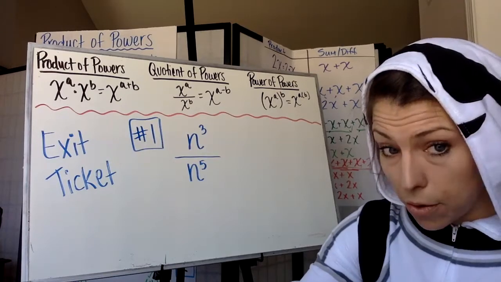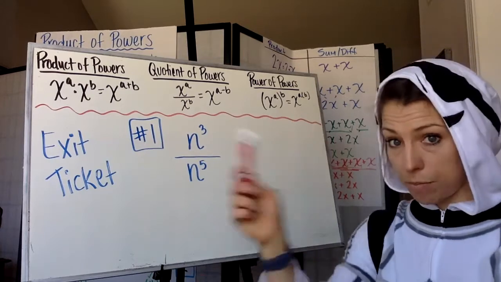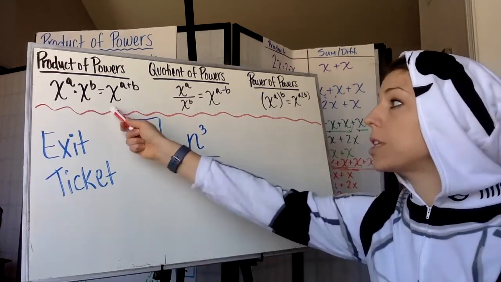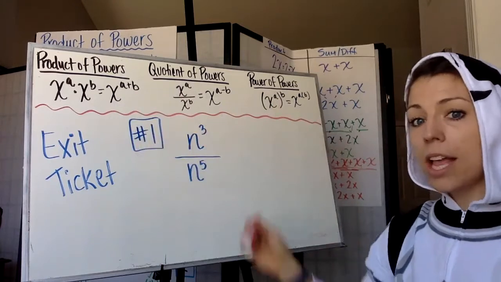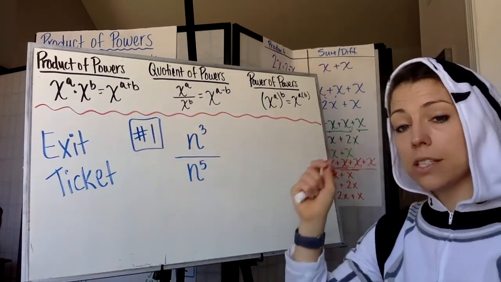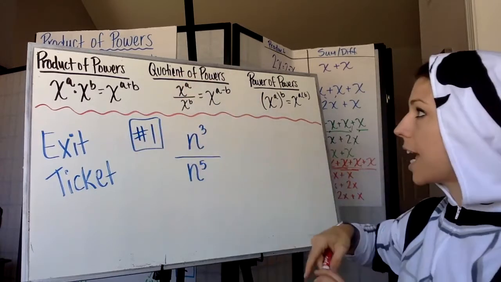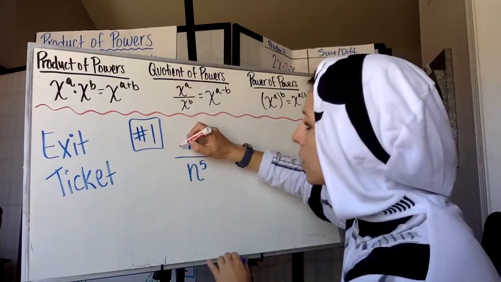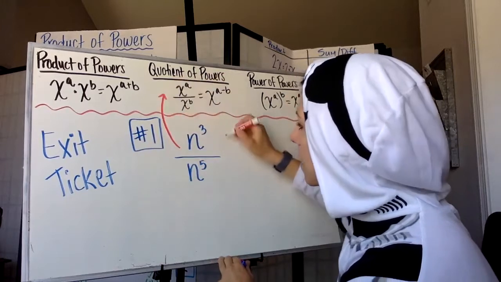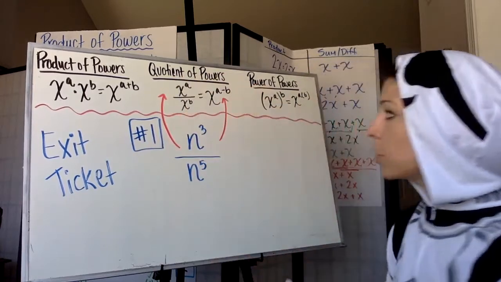The first thing we're going to do here, if you've paused and unpaused, is identify which of the 3 properties it is. Well, it's division. Division means quotient. So because I'm dividing 2 powers, this is a quotient of powers. So I know that this follows this rule.